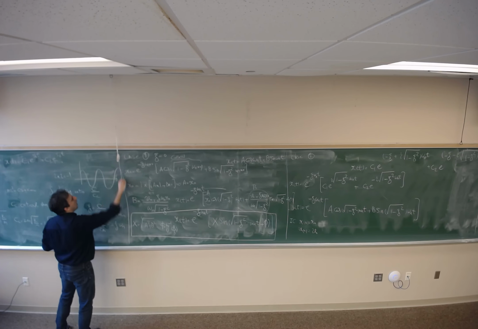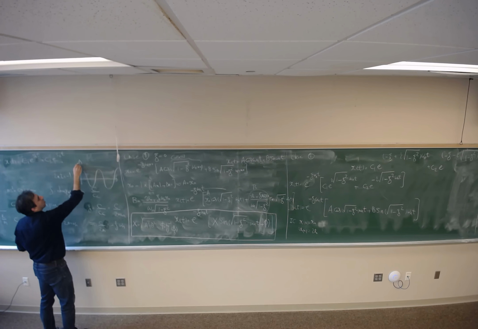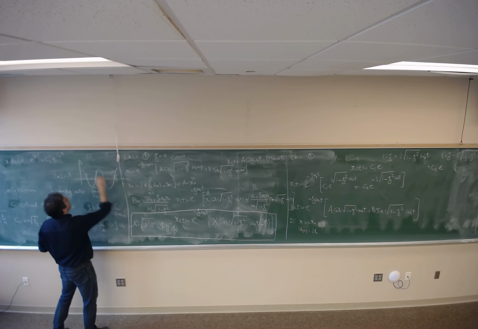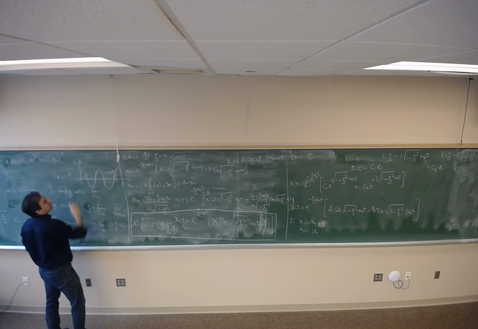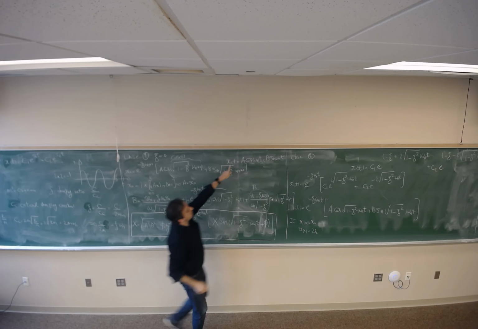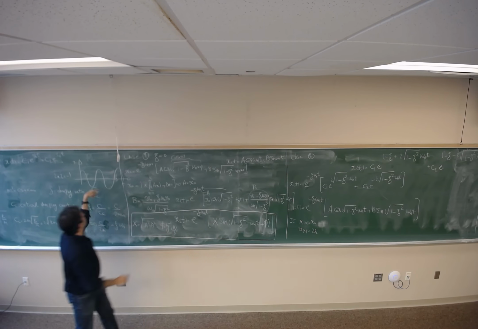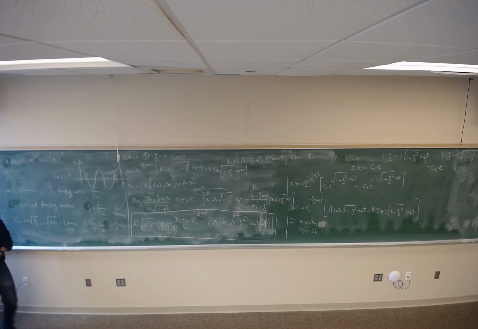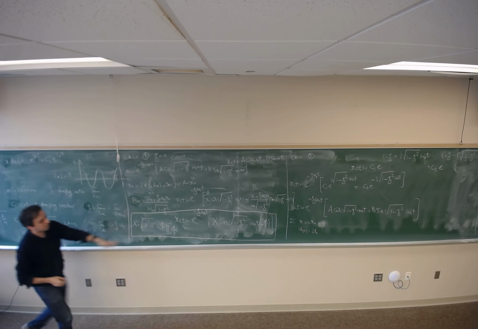One harmonic function is going to go forever. If this is the time, if this is x, then x of t over the time is going to look like the sine or cosine function. Now let's look at this function.